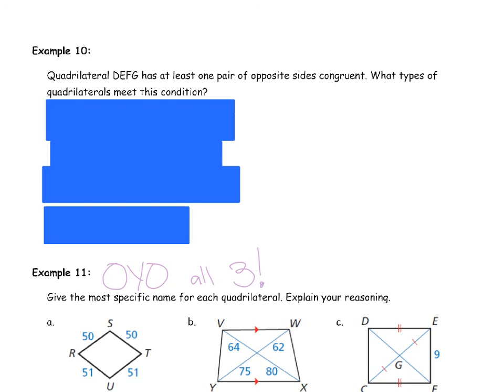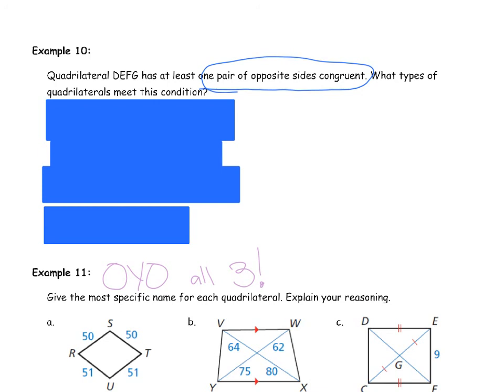All right, next example, number 10 says that quadrilateral DEFG has at least one pair of opposite sides congruent. So what are the different types of quadrilaterals that meet this condition? All right, so let's talk about the most recent, which is a kite. That rule doesn't apply to a kite, so that's not right.